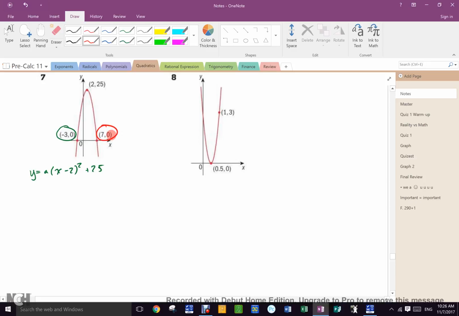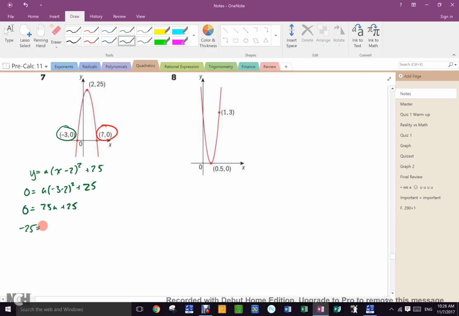Okay? So if I'm using green, it's going to be 0 equals a(negative 3 minus 2) squared plus 25, right? So 0 equals a times negative 3 minus 2, which is negative 5. Negative 5 squared is 25, right? So it's going to be 25a plus 25, yes?